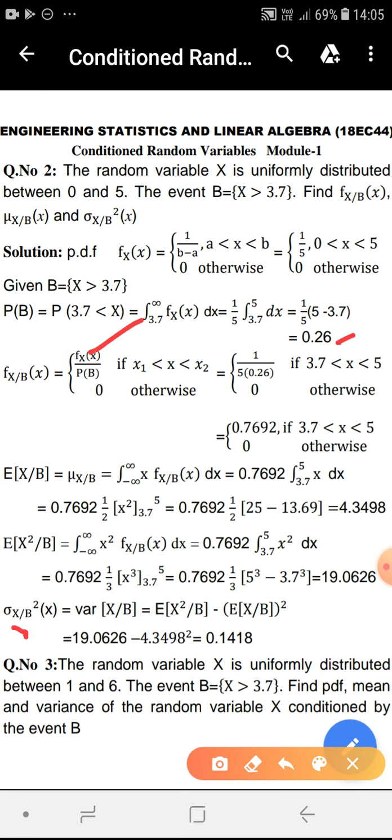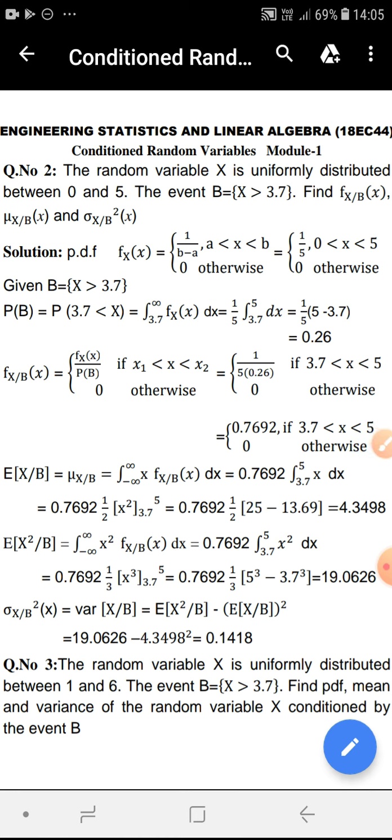So substituting, it will be equal to 1 by 5 divided by 0.26 for x greater than 3.7 and less than 5, 0 otherwise, which will be further equal to 0.7692 for x greater than 3.7 and less than 5, 0 otherwise. So this will be the conditioned PDF.